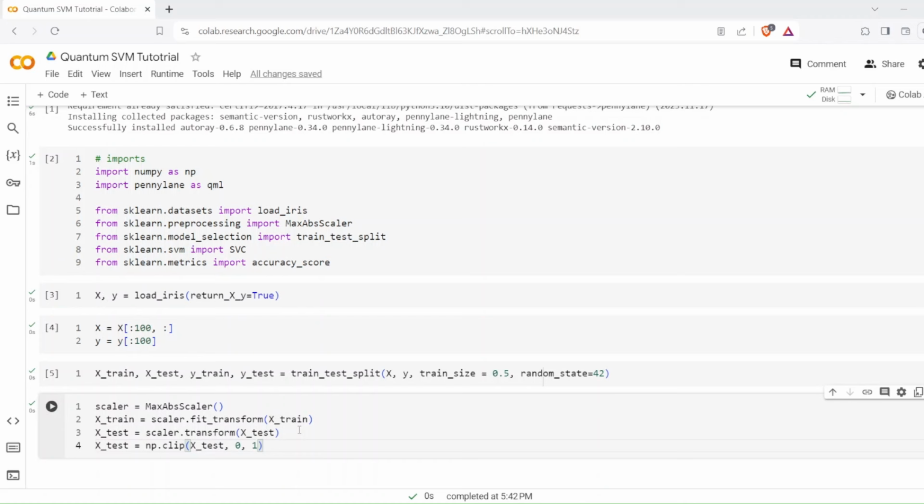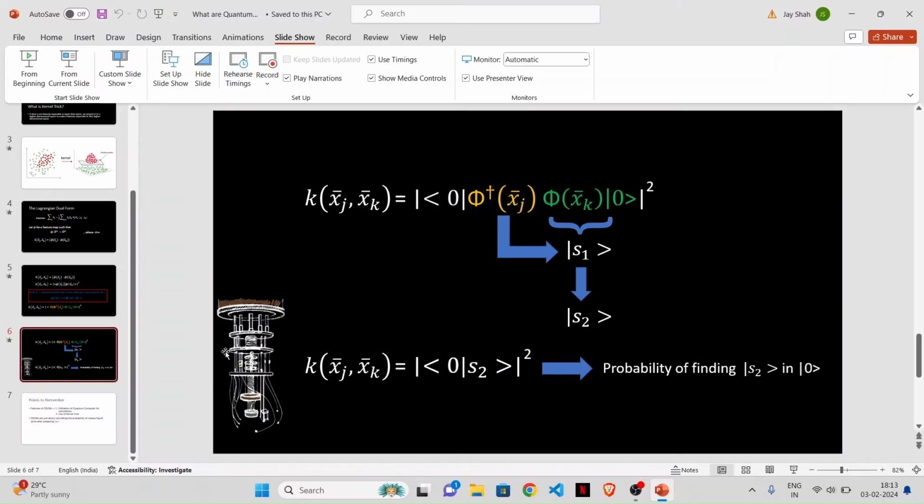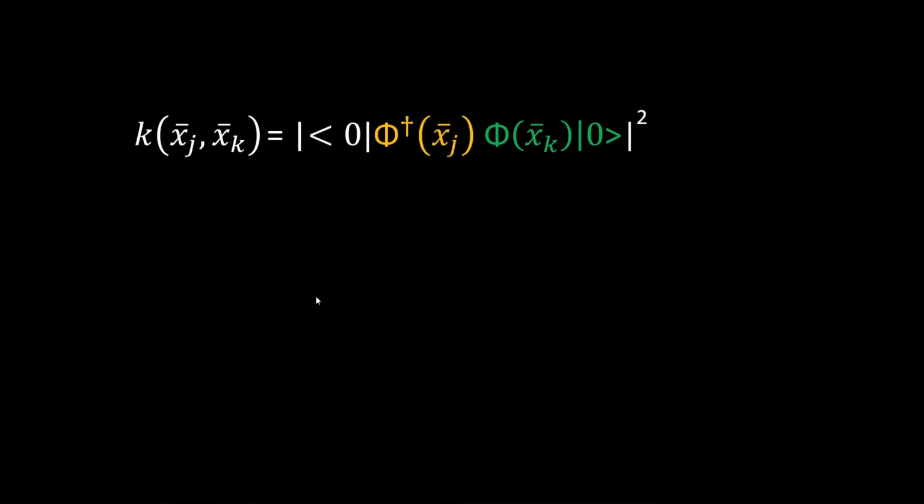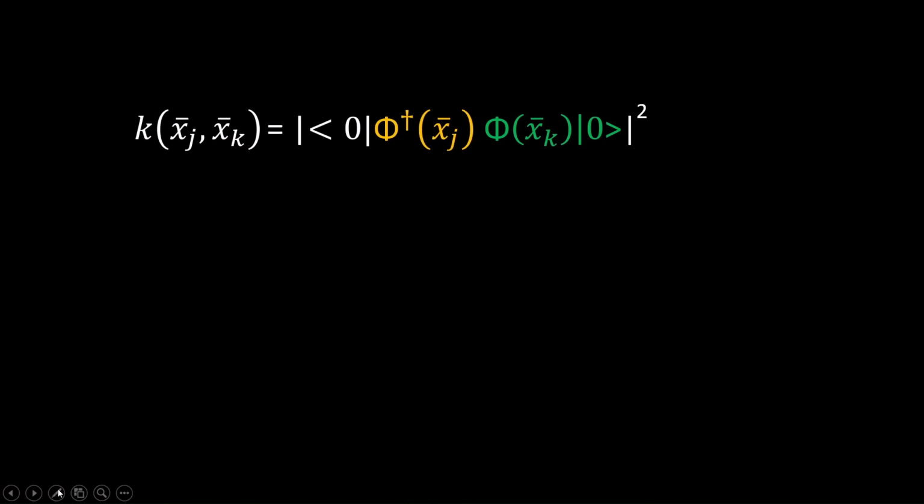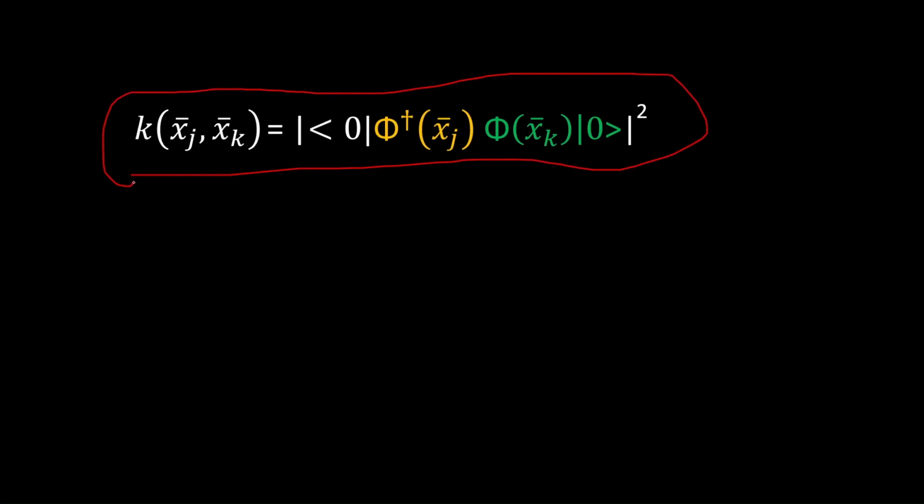Now comes the quantum part. So let's revise a little before we dive into this. Okay, so let's open this. Okay. So this was the kernel function that I explained in the previous video. So what we need to do here is define this circuit phi that would take this x_i, right?